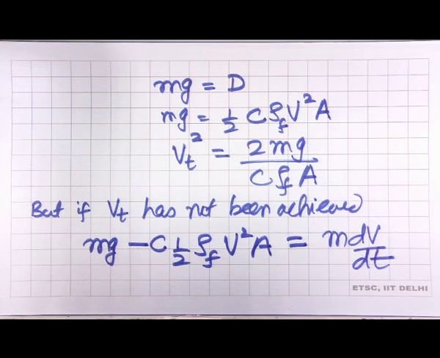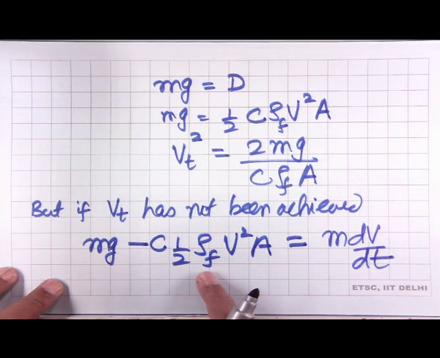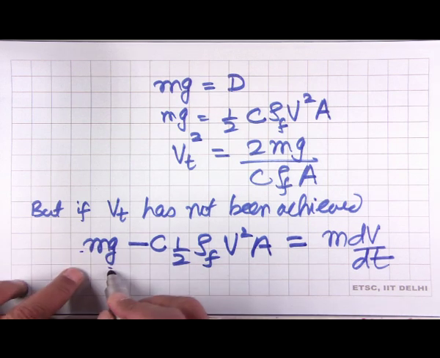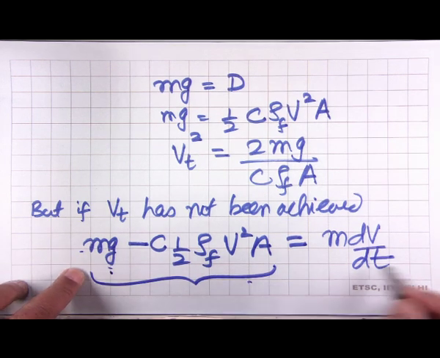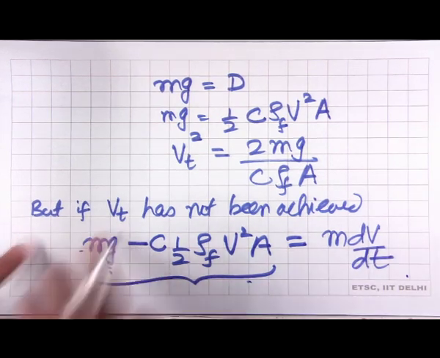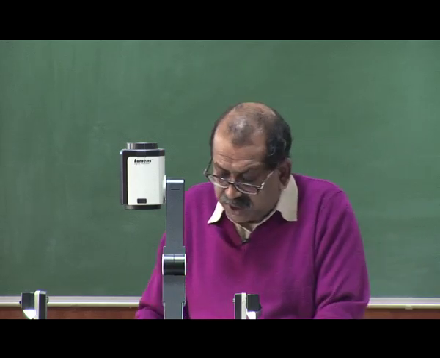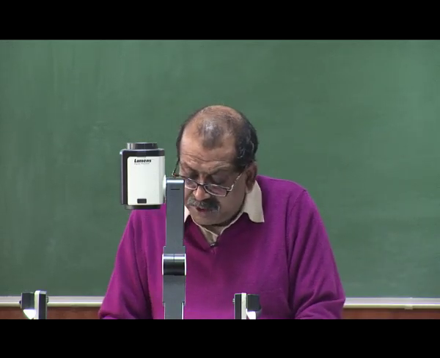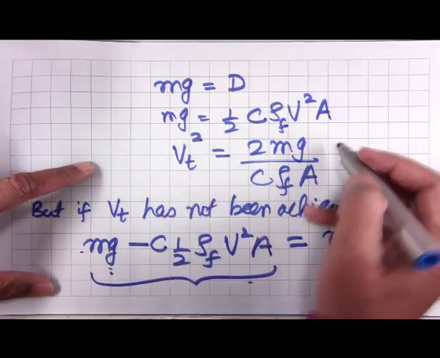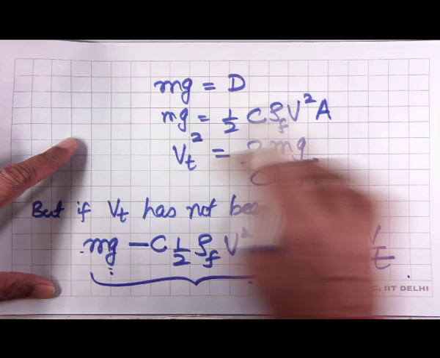Now if you have to find the expression of velocity as a function of time, you take the whole left hand side as a denominator, take the dt on the other side and then integrate. Of course all of you may not realize this, but this is how we do it. But if you have to find the expression for the terminal velocity, then we can get it like this.